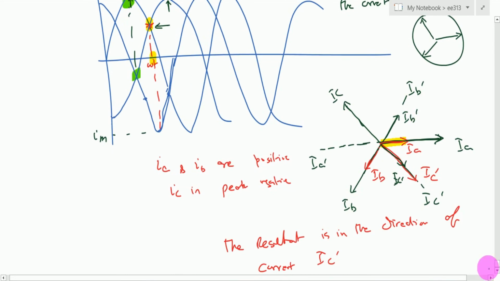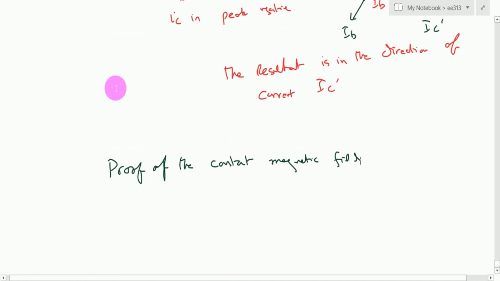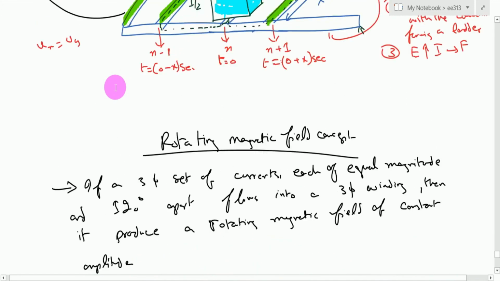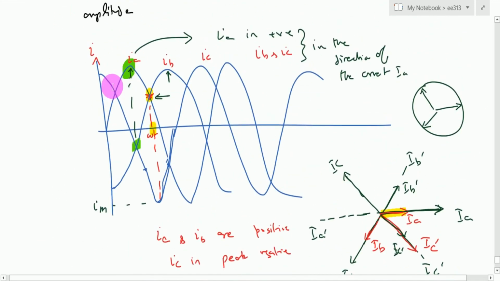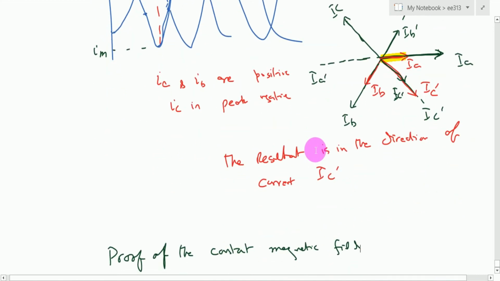The second thing that we need to establish is whether this magnetic field has a constant magnitude or not. For that we need to see the proof of the constant magnetic field. Suppose that for a set of winding, on this side this is IA and this is IA dash.